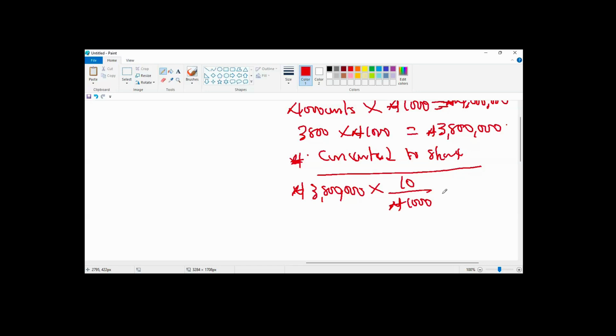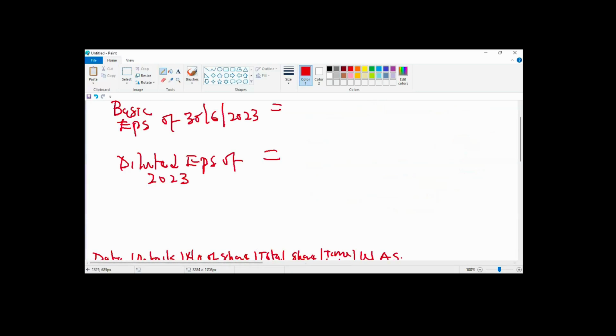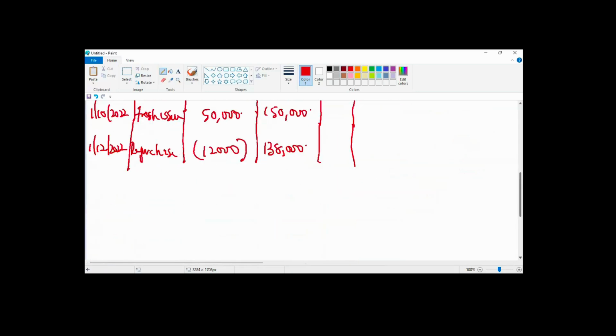So what does he give us here? 3.8 million times 10 divided by 1,000 is 38,000. This will join my basic. Which day do they convert it?